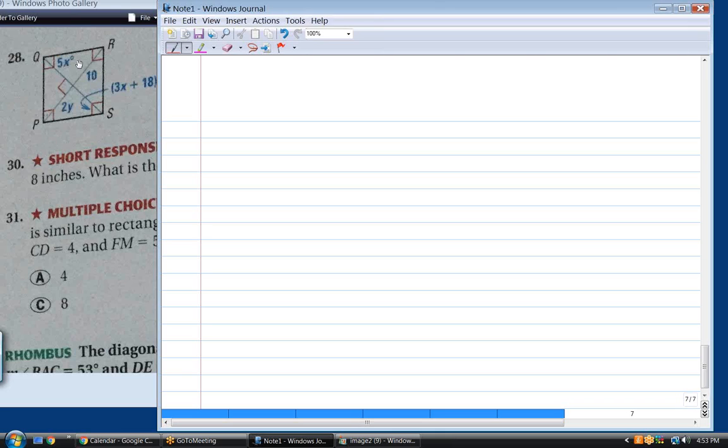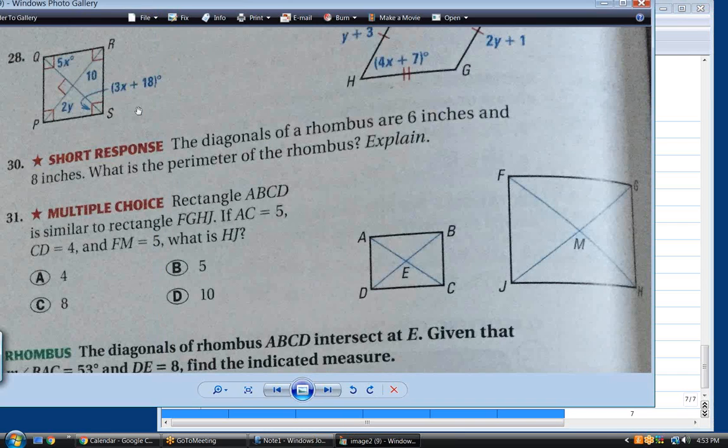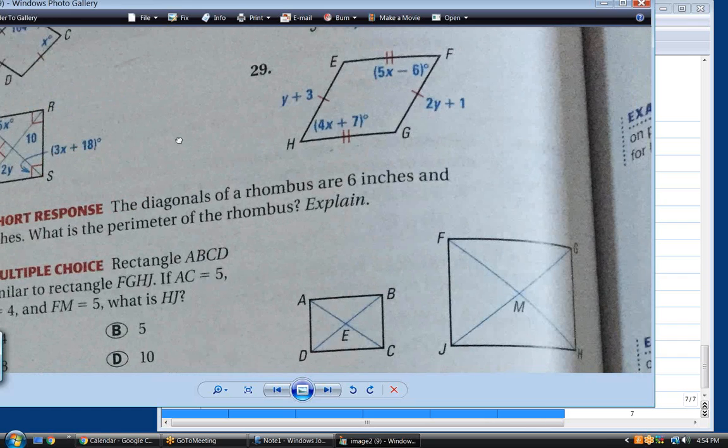What equation can I write? That's what this 10 also refers to, is the measurement of that. 2y is equal to 10. So y equals 5. Yep. Okay. Notice we never needed that. They could have not given us that, and we still would have been able to answer all of that.